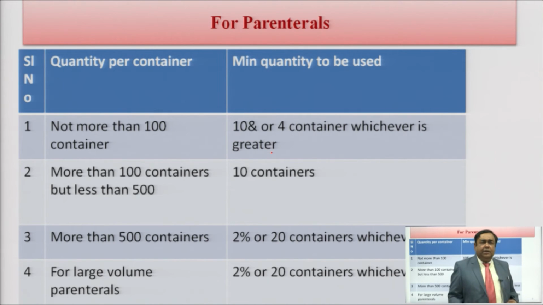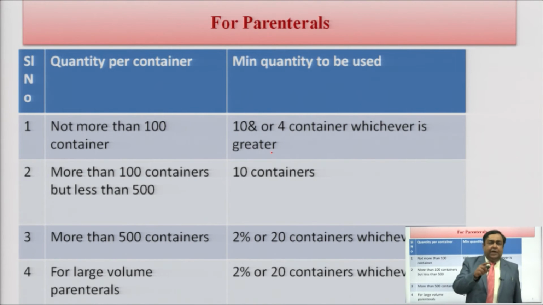So, for parenterals, if the batch size is not more than 100 containers, you need to take 10% or 4 containers, whichever is higher. If the batch size is more than 100 containers but less than 500 containers, IP recommends you take 10 containers straight away.